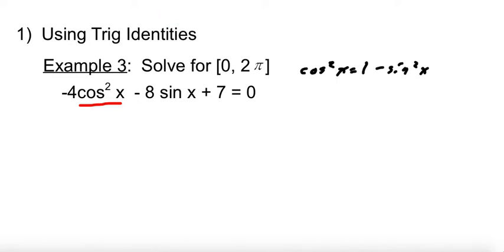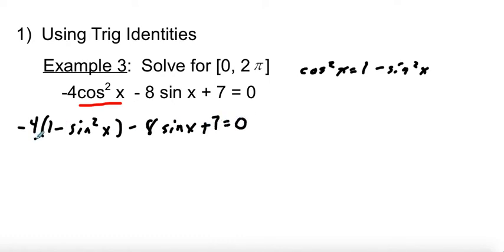Alright. So now we have 1 minus sine squared. I'm putting that in for the cosine squared. There's a negative 4 out here in the front. And then I still have a minus 8 sine x. And then plus 7.